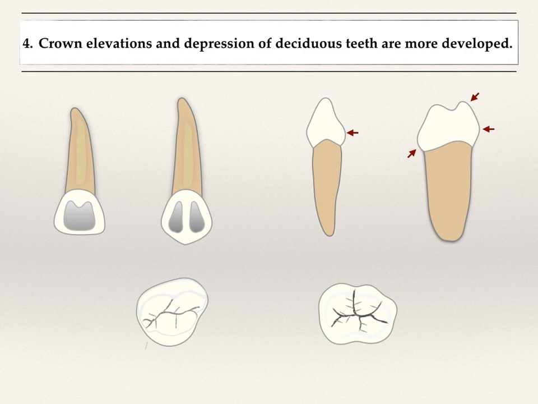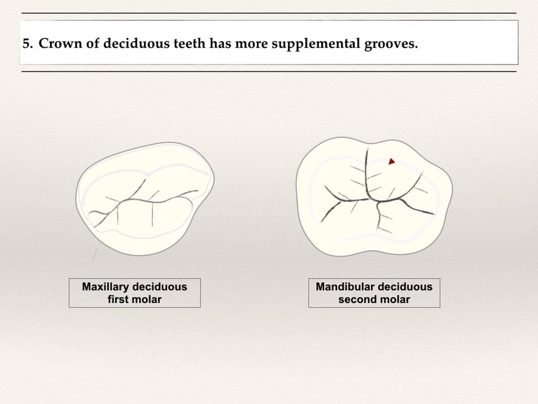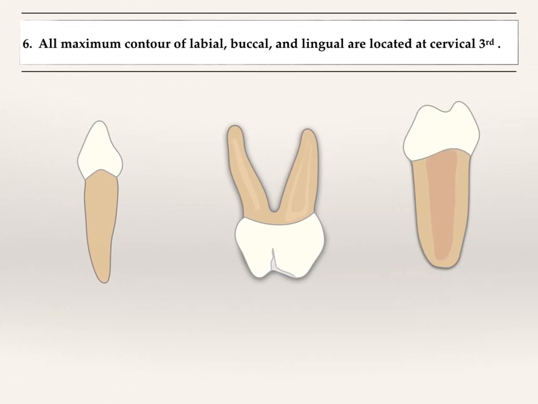The red arrow denotes cusp, cervical ridge, cingulum, and lingual fossa. Crown of deciduous teeth has more supplemental grooves. The red arrows denote the supplemental grooves. All maximum contours of both labial, buccal, and lingual aspects are located at the cervical third.